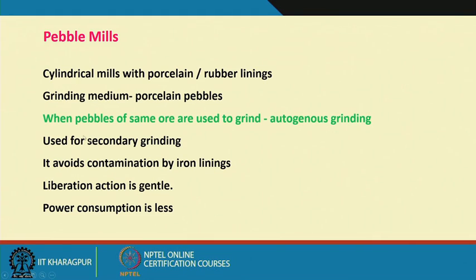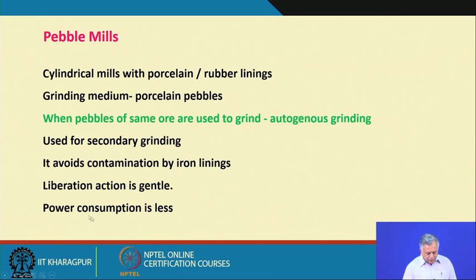Here the liberation action is gentle and power consumption is also less, because you do not have an artificial medium. You are not consuming energy for rotating the grinding medium, so that situation does not arise, and per unit volume you can feed more material for grinding.